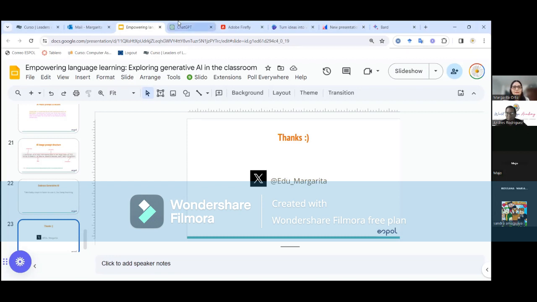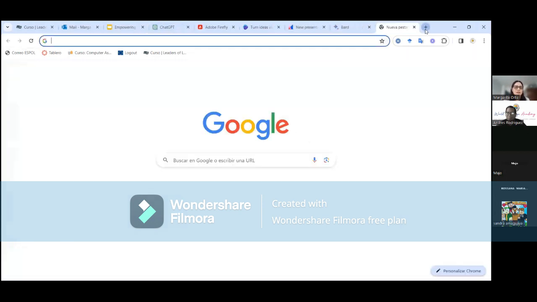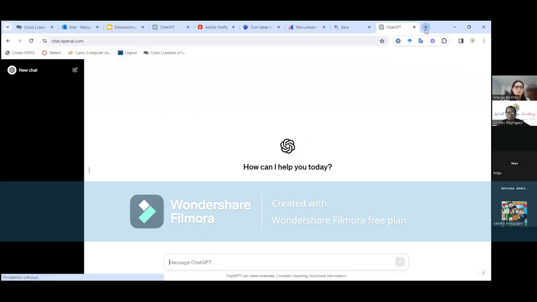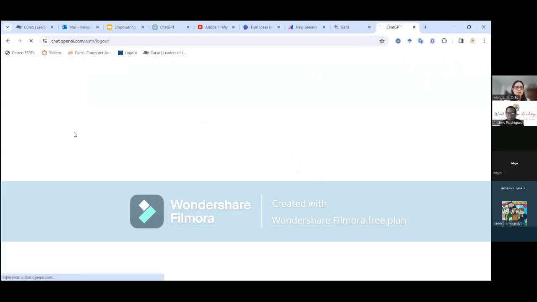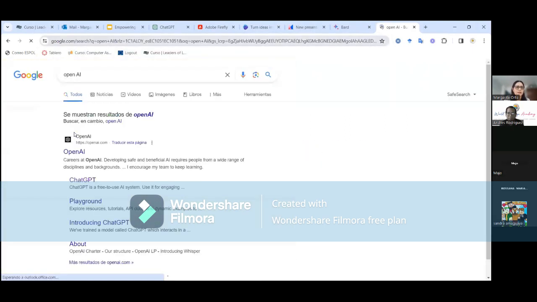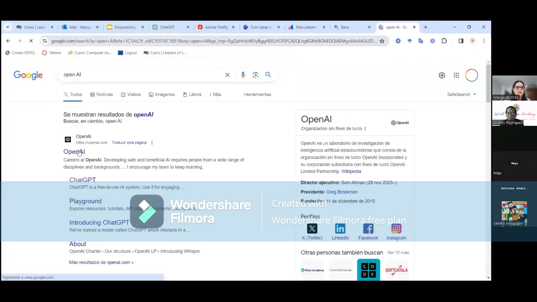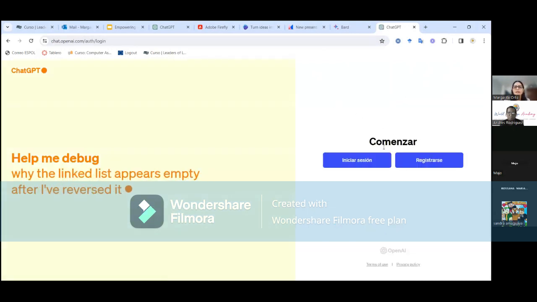Okay. But if you want to use ChatGPT, you can just go to Google and say OpenAI or ChatGPT. Maybe I'm going to sign out for a moment so that you can see. Then you have to sign up.